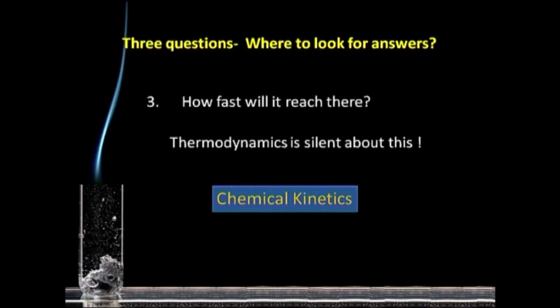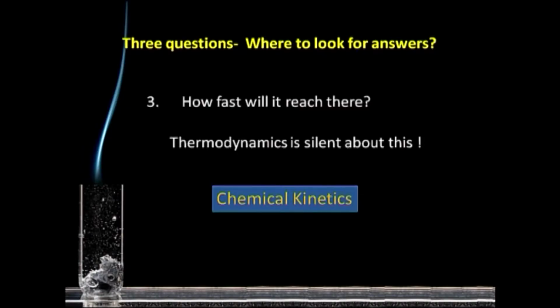Where do we look for the answer? We look for the answer in the branch called chemical kinetics. Yes, this is the theme of the lectures that I am going to give. It is the branch that tells us how reactions take place and the rate at which reaction takes place.